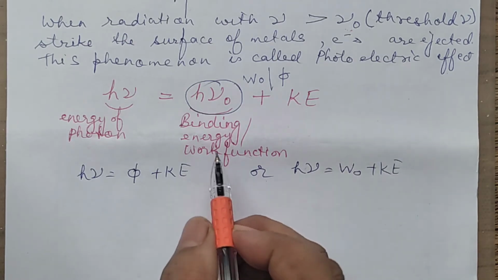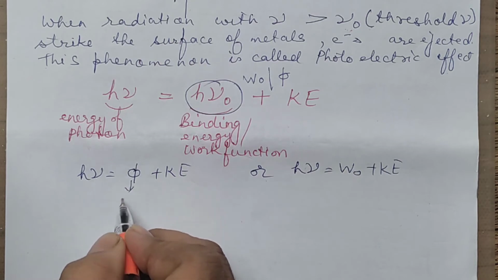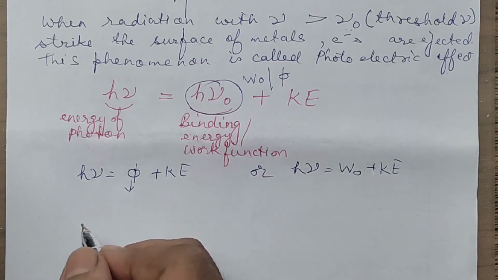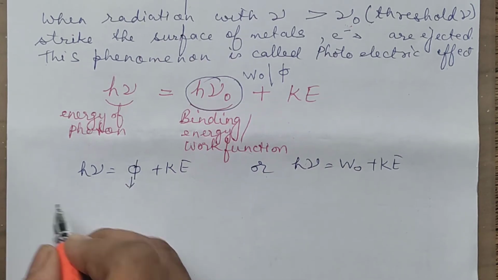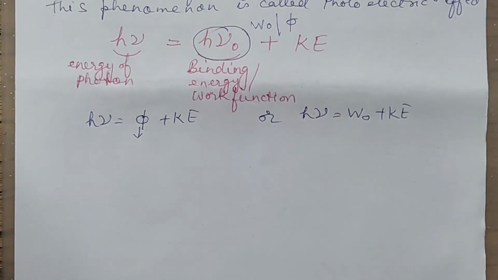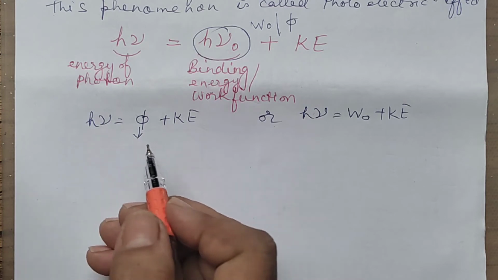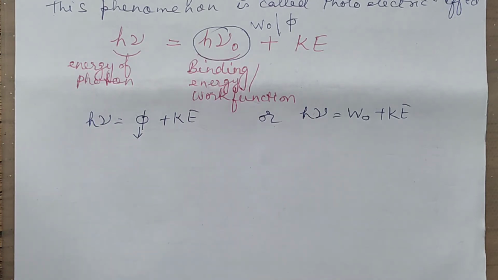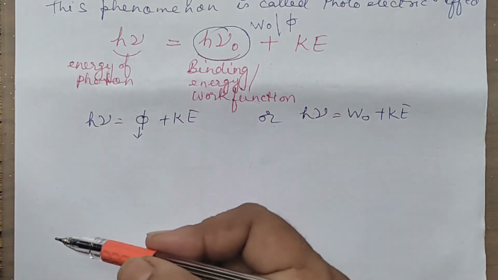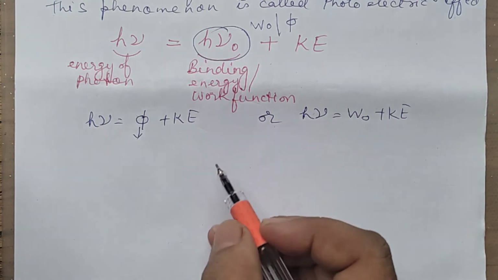Now suppose we want to find out the work function value for different elements. In the periodic table, the work function will be the least for which elements? Normally you will say the ones which are larger in size, because if the size is large, then the distance between the nucleus and the valence electron will be more.